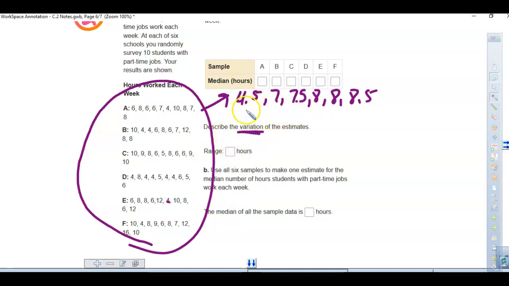We got 8.5 and 4.5. What's 8.5 minus 4.5, class? 4. And then we're going to use all 6 samples to make one estimate for the median number of hours students with part-time jobs work each week. So we're focusing on the median in this problem.